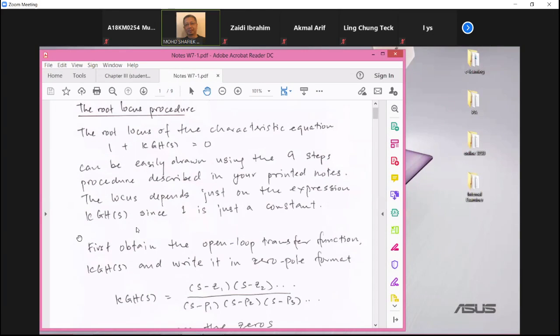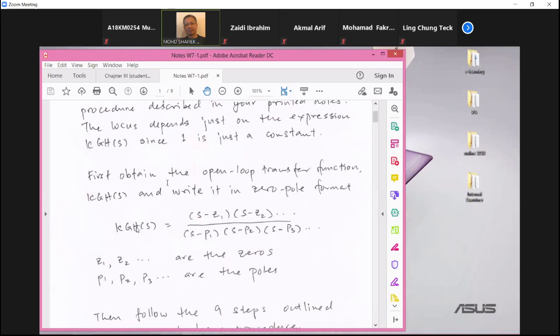But we are using the open loop transfer function kgh to help us draw the closed loop root locus diagram, because 1 plus kgh is the characteristic equation of the closed loop system. But 1 is just a constant. So all we have to do is pay attention to the open loop transfer function, and then we can draw the root locus diagram. See, 1 is just a constant. It has no bearing on the root locus diagram.